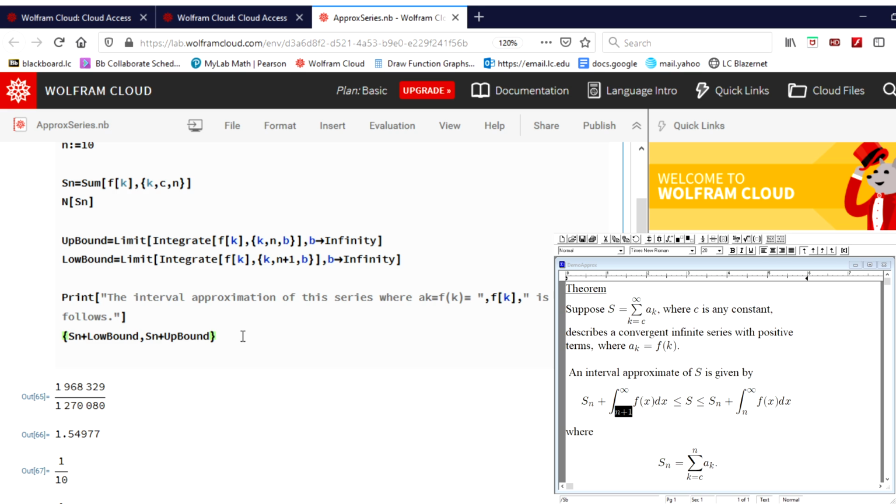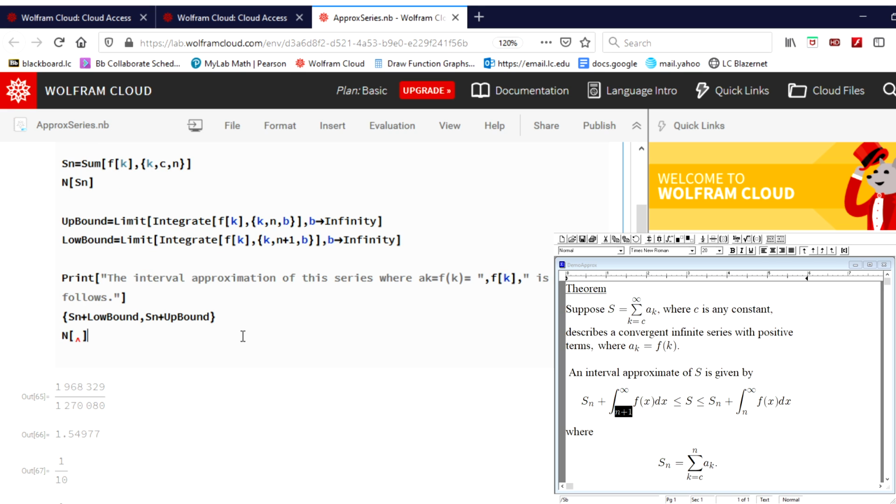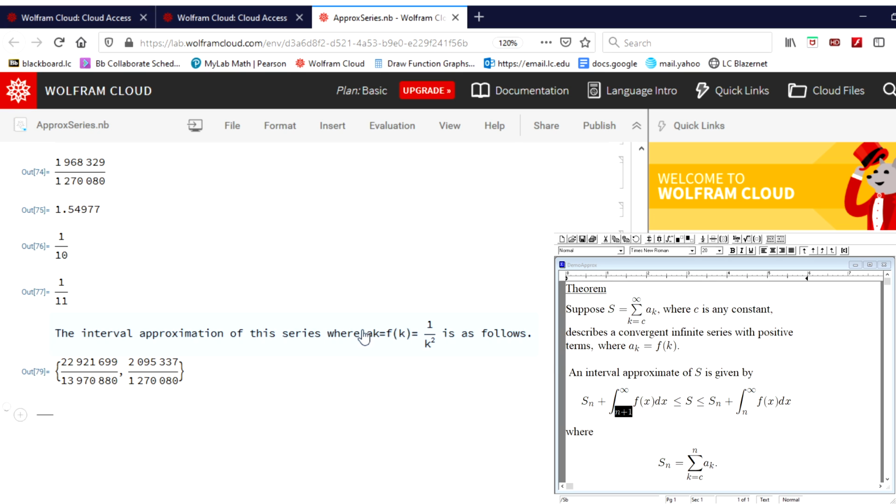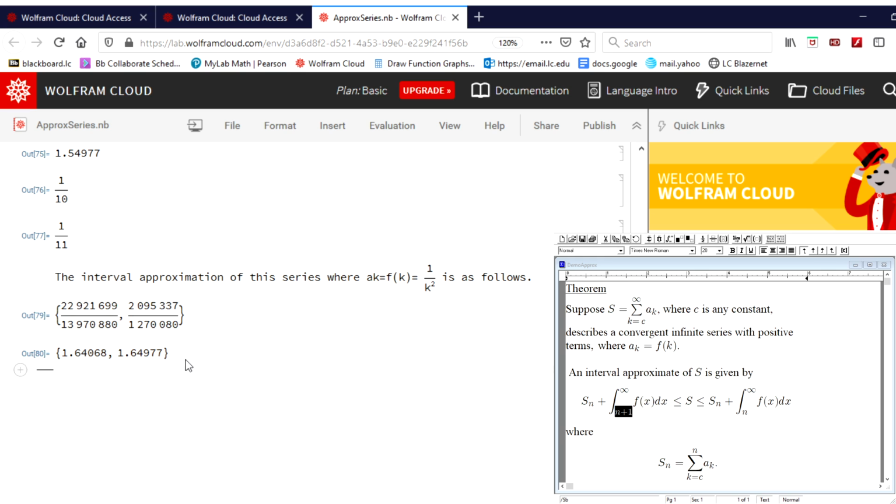To obtain the approximation in a numerical form, I could wrap this set of values, or this group, with that numerical approximation operator. And now if I go back and hit enter, I do get the numerical approximation also for this series.